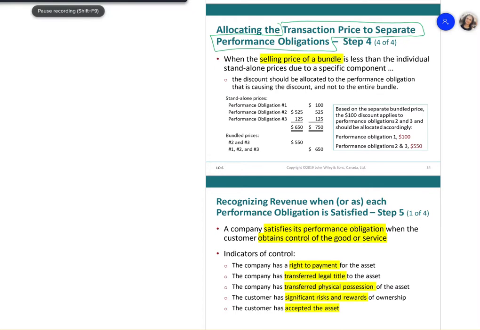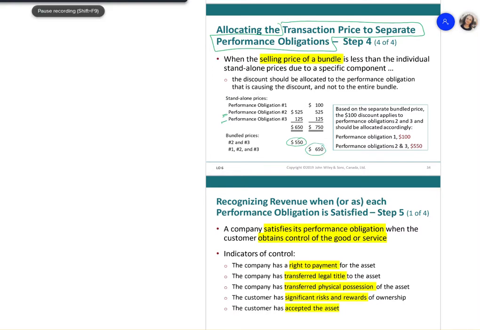In this case, if you sell the bundle of performance 2 and 3, it will cost the customer $550. If they buy the bundle of performance 1, 2, and 3, that will cost $650.